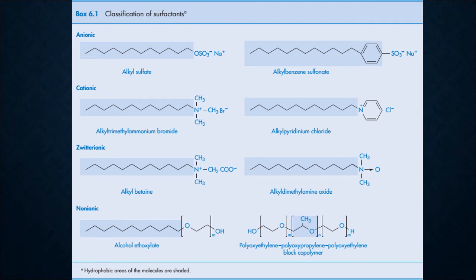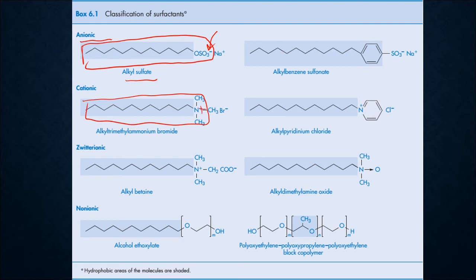When you have an ionic surfactant, for example alkyl sulfate, you have an ionic negative charge in the chain. With cationic surfactants, the charge in the chain is positive. For the zwitterionic type, in one molecule of surfactant you have both positive and negative charges. And of course, non-ionic surfactants have no charge on the molecule.